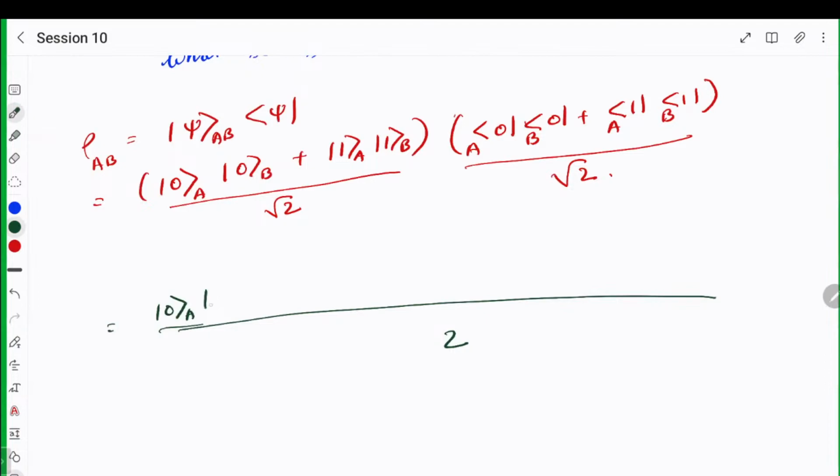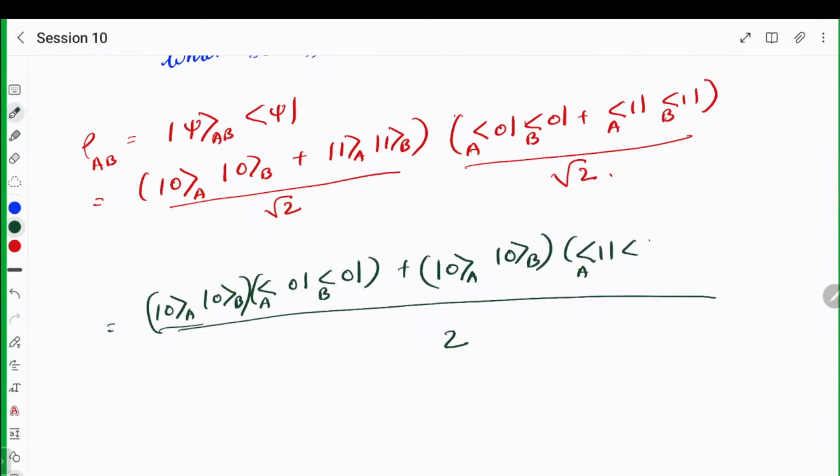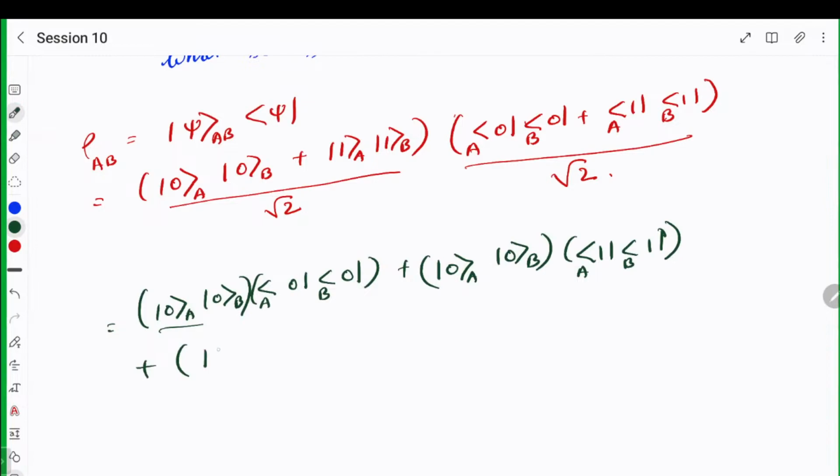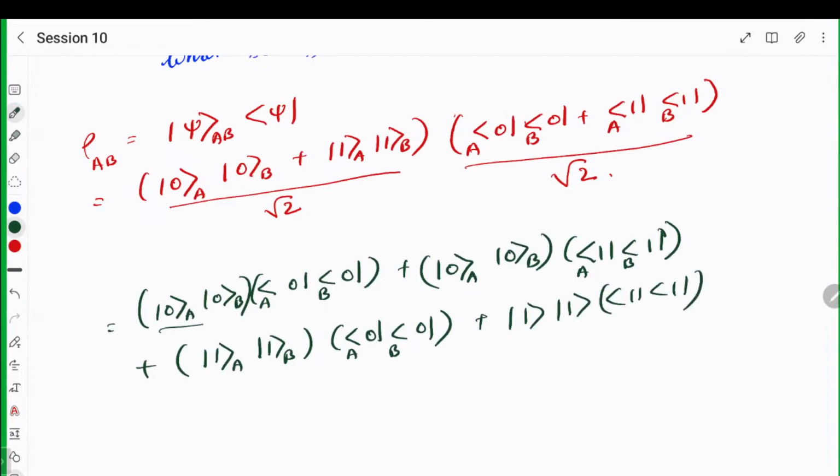So |0_A 0_B⟩⟨0_A 0_B|, and there will be more terms, such as |1_A 1_B⟩⟨0_A 0_B|, and so on. So we will get this rather long expression.